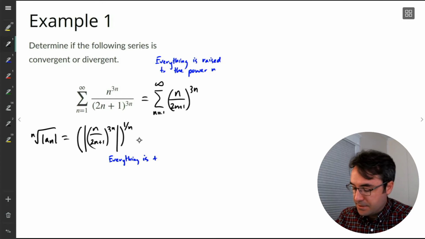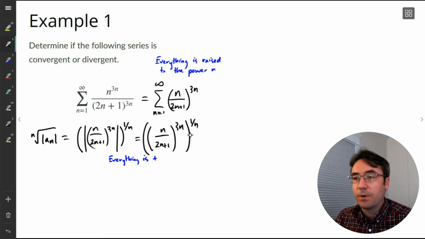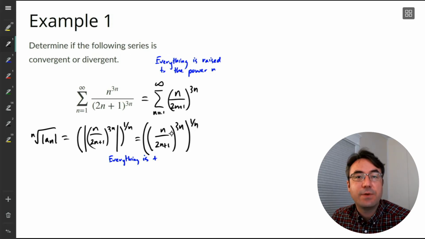All right, so let's do that. So we'll have (n over 2n plus 1) raised to the power 3n, and then that whole thing raised to the power 1 over n. So we've just dropped the absolute value sign. And now we have something raised to a power 3n, and then that whole thing raised to another power, 1 over n. But what do we do when we have multiple exponents like that? Well, we multiply them.